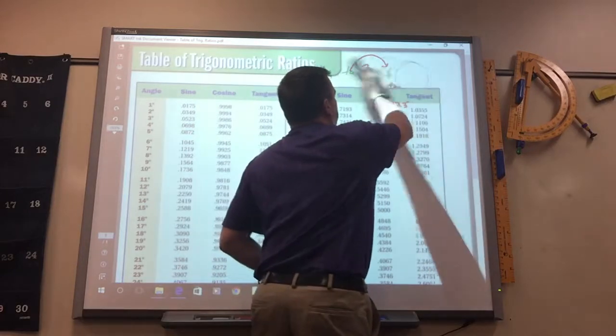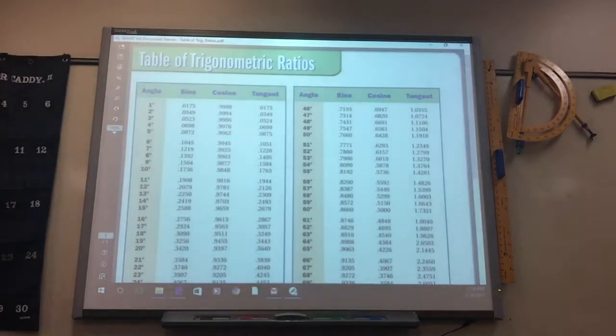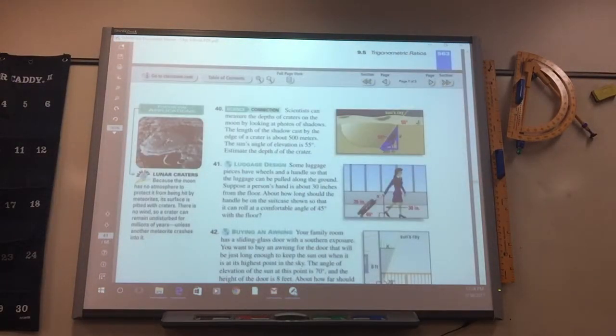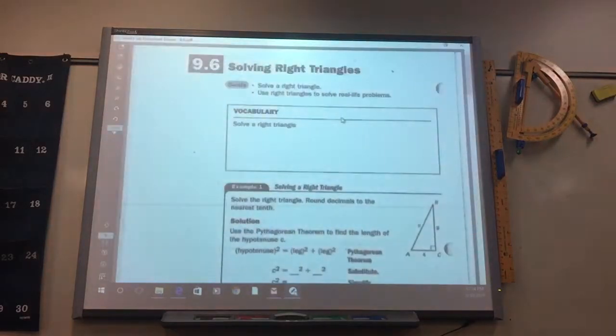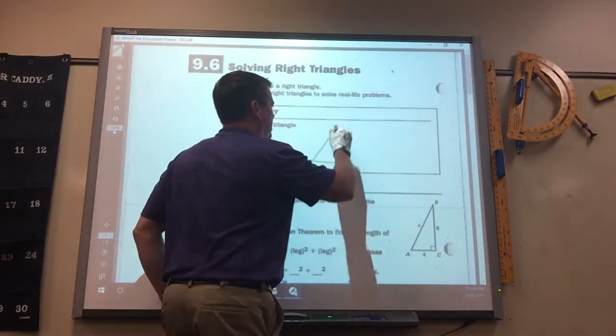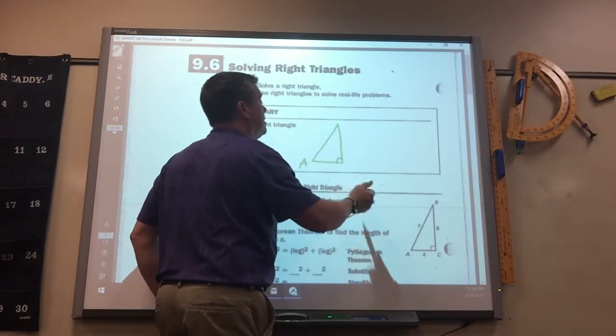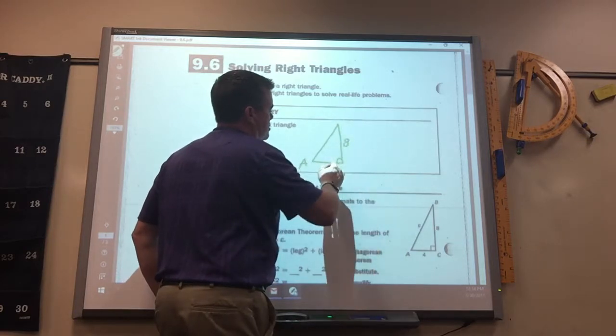Now, this is exactly what we're going to be doing. It's just they don't give us the decimal right away. It would be like this. Okay, if we had, it's going to be a different number, but say this is angle A, and this is 8, and this is 5.